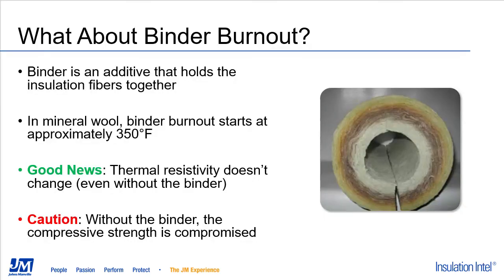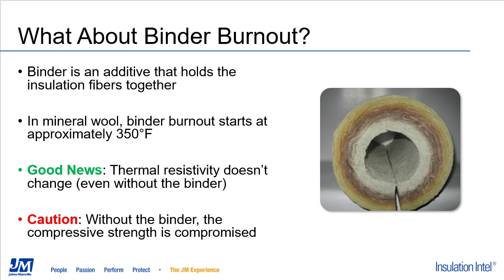And then touch real quickly on one potential concern with mineral wool products, and this is true of all mineral wool products. The adhesive binder that is used to hold the mineral wool fibers together during the manufacturing process is an organic binder. It does oxidize and burn out somewhere around 350 to 400 degrees Fahrenheit.